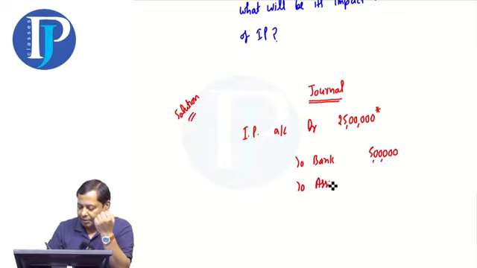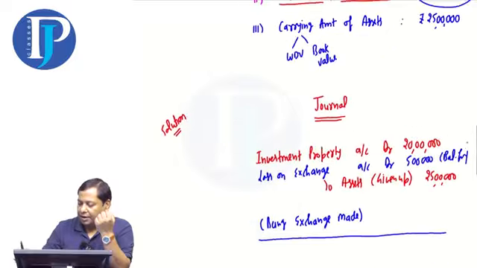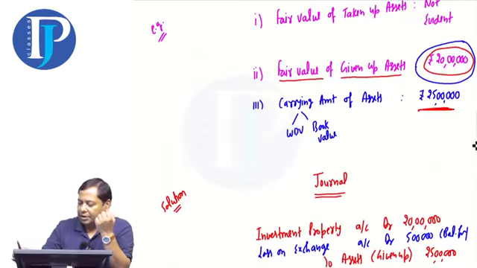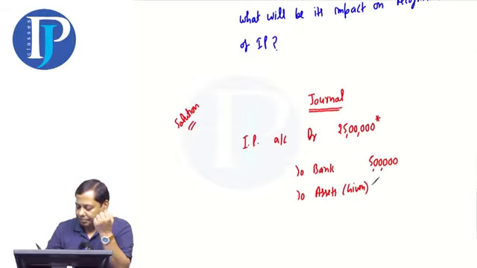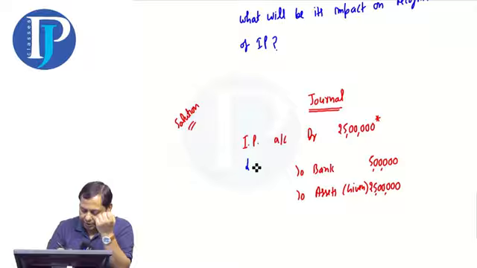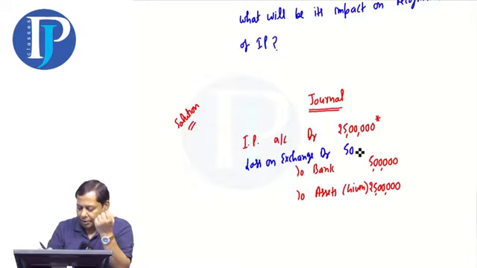Two assets given up. What is the given up? The carrying amount is 25 lakhs. Loss on exchange. It is 5 lakhs.